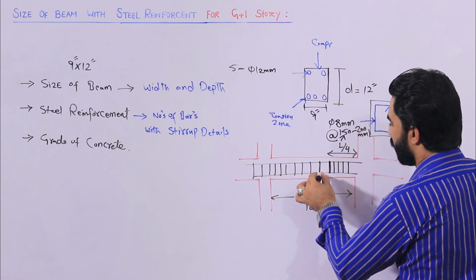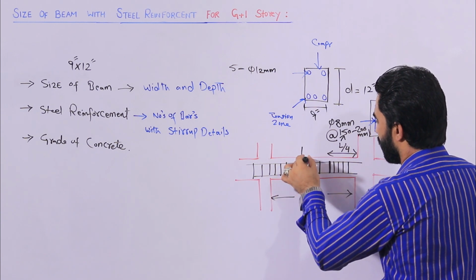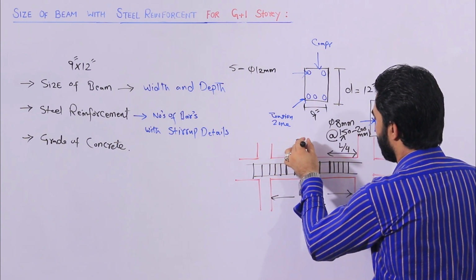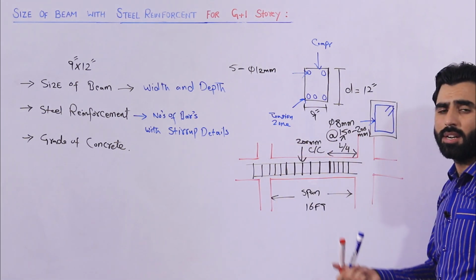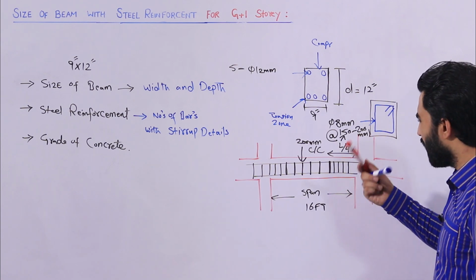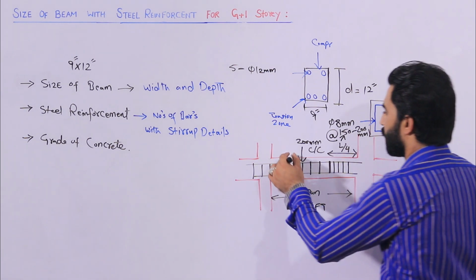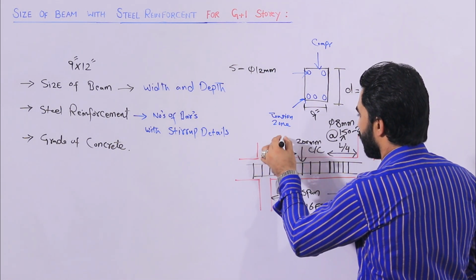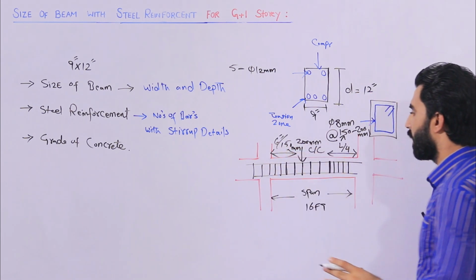After L by 4, I increased the spacing, so this is now 200 mm center to center distance, or you can say 8 inches. So at the distance of L by 4 you can keep 6 inches, or 150 mm. This is very important.